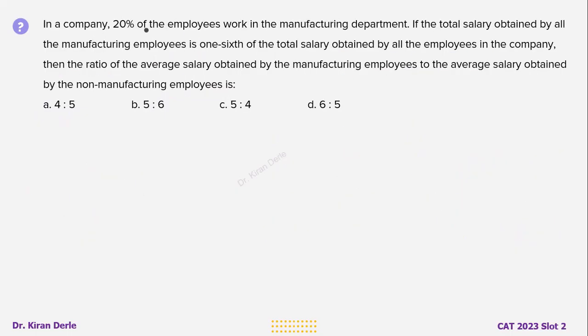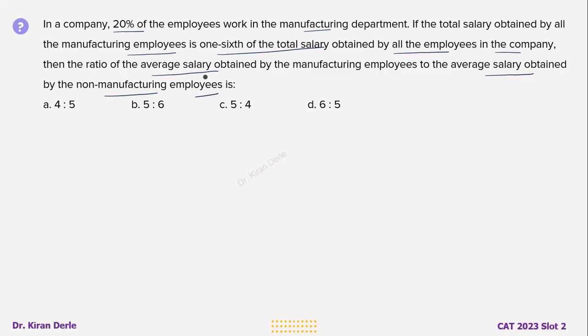In a company, 20% of the employees work in the manufacturing department. Okay, fine. If the total salary obtained by all the manufacturing employees is 1/6 of the total salary obtained by all the employees in the company, then the ratio of the average salary obtained by the manufacturing employees to the average salary obtained by non-manufacturing employees is, fine.